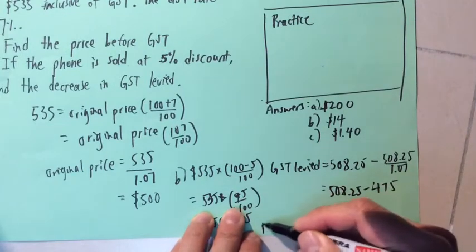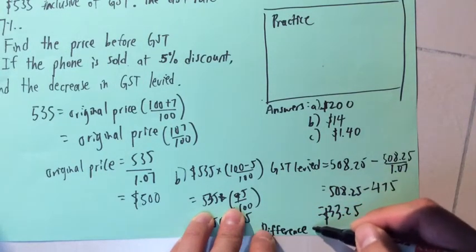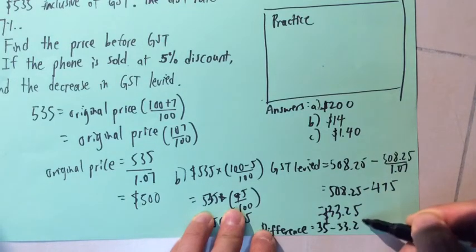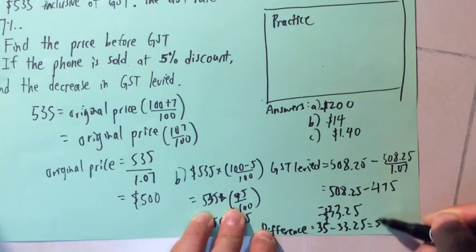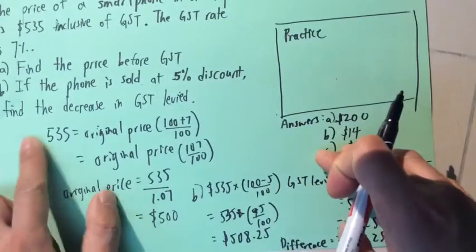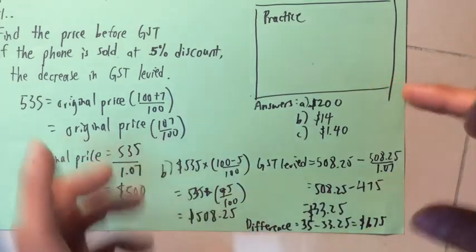So the difference would be 35 minus 33.25, and that gives us $1.75. So the decrease in the GST levy is $1.75. So that's how you calculate that.